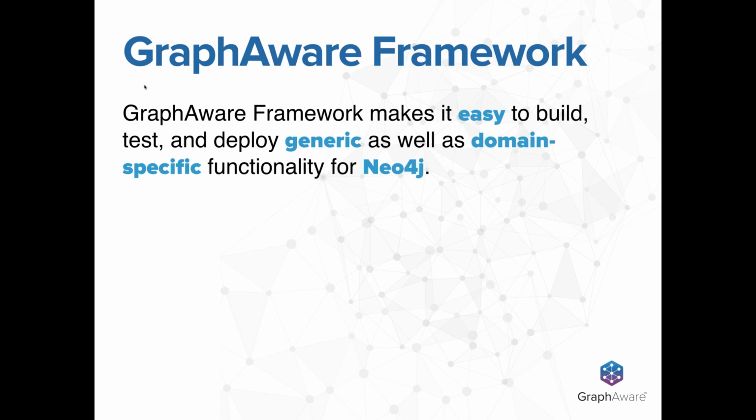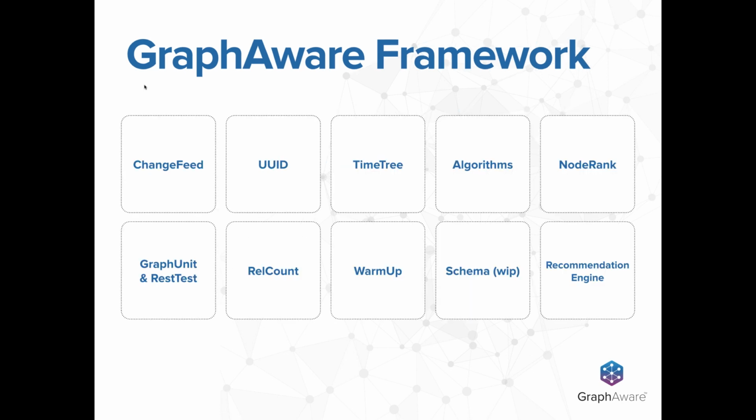And this whole thing is part of the GraphAware framework, which contains many more modules, and generally the purpose of that is to help you build generic and domain-specific functionality on top of Neo4j. So if you're interested in exploring that further, there's also a few other modules that are quite interesting for many users of Neo4j.